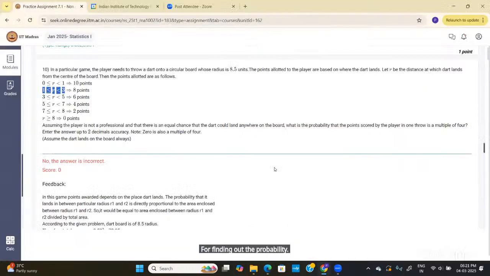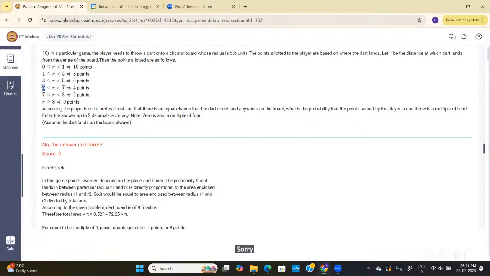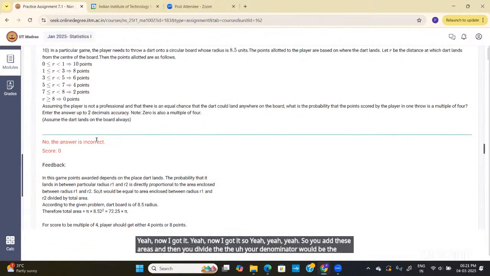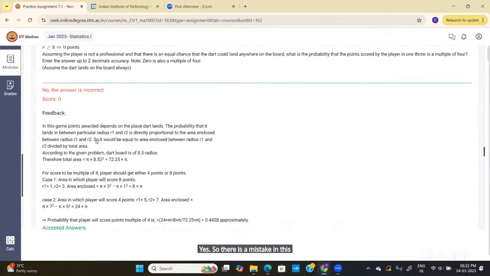Similarly, you can find it for 3 to 5, sorry, 5 to 7. You add these areas and then divide by the denominator, which would be pi r square, the entire area. There is a mistake in this question actually.